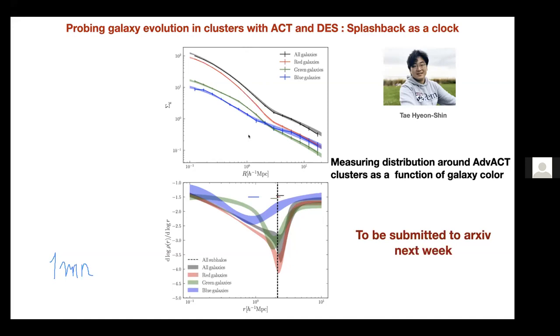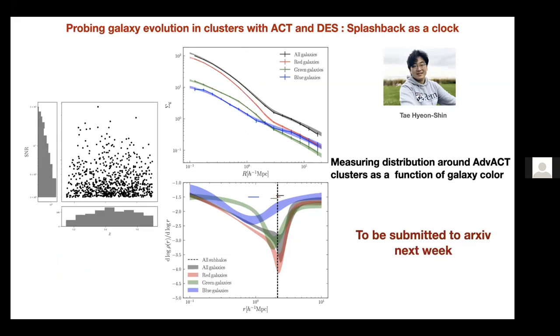The different colors show that with these clusters, we look at the splashback radius as a function of galaxy color. So we look at the slope profiles as a function of color, and we find that there's some evidence of a shift between the location of the steepest slope for these different colors. So that's one of the things that we're investigating in this recent work.